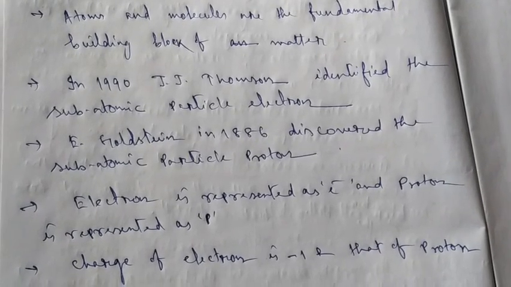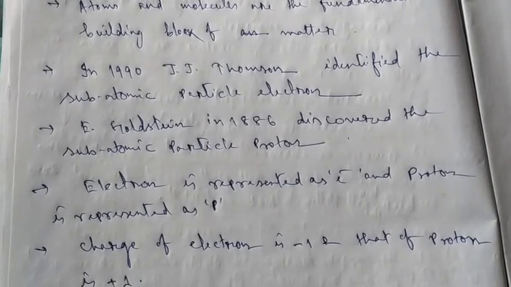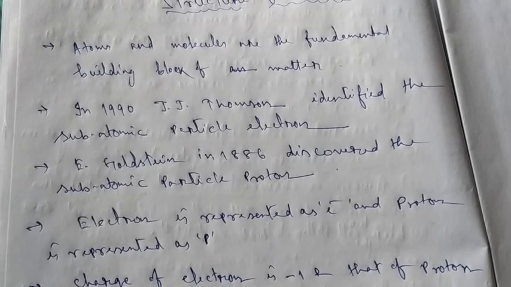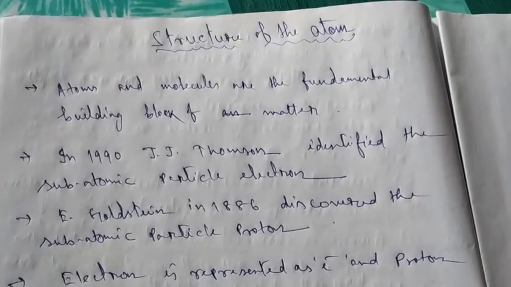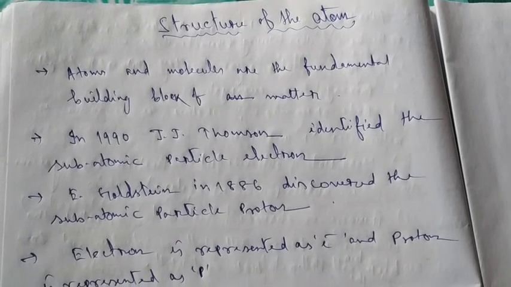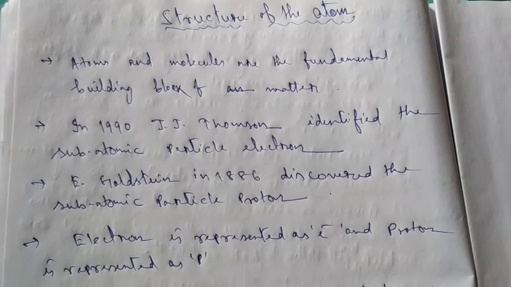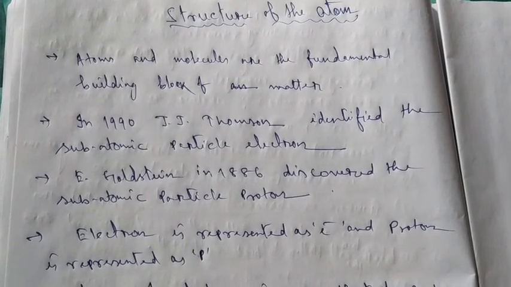So you read the chapter thoroughly. I think you will listen to this video carefully and then read the chapter once, and in the next video we are coming forward with the different theories forwarded by different scientists to analyze how the structure of the atom is.